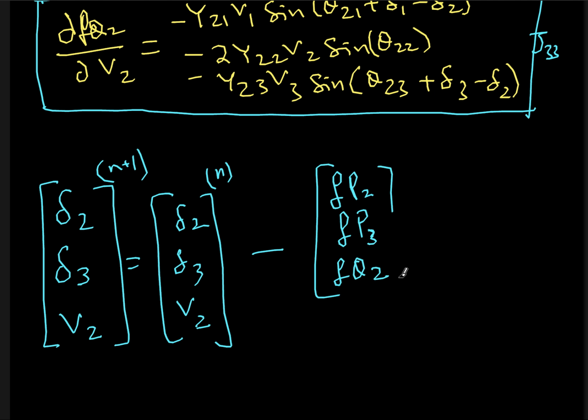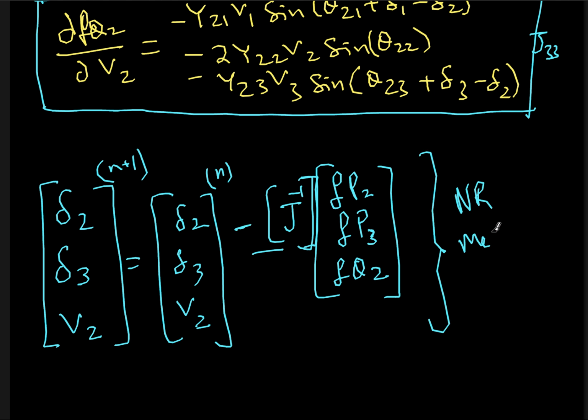All the function values I'll put as a column matrix and then divide it by the Jacobian matrix. So 1 by Jacobian is J inverse actually. Or I can put it here with a minus sign. So this is my Newton-Raphson method.